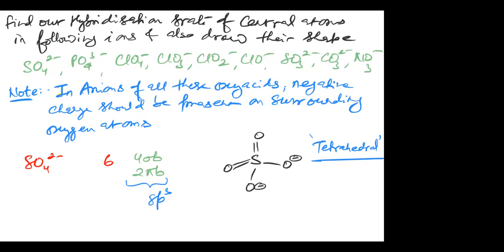Apart from sulfate, next is phosphate. PO4 3 minus. In the case of phosphate, out of 5 electrons of phosphorus in its valence shell, 4 are utilized in 4 sigma bonds, and maximum it can form 1 pi bond with one of the oxygen atoms.